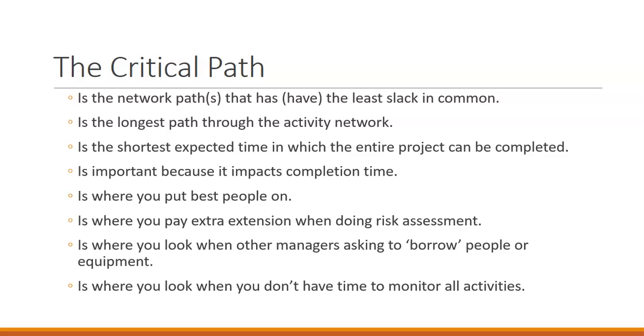We want to make sure that it gets done on time, because anything in the critical path that is off schedule throws the entire project off schedule. It's where we would pay extra attention when we're doing risk management, where we might want to really monitor our activities.